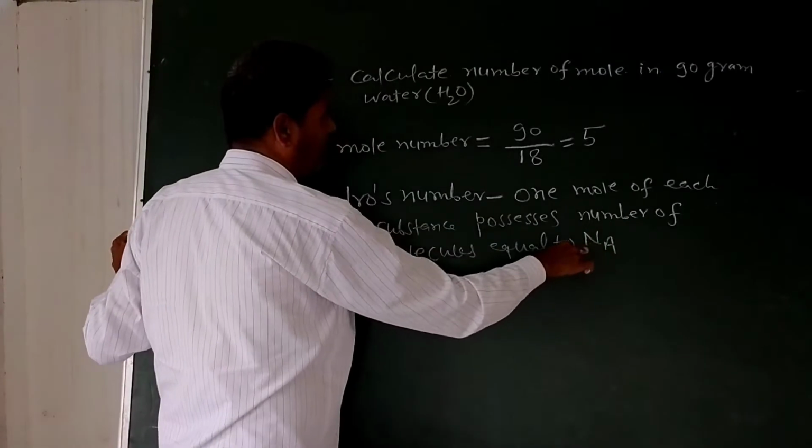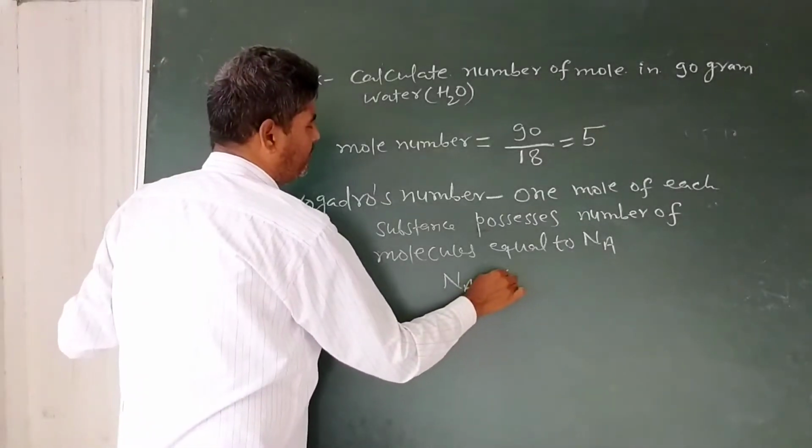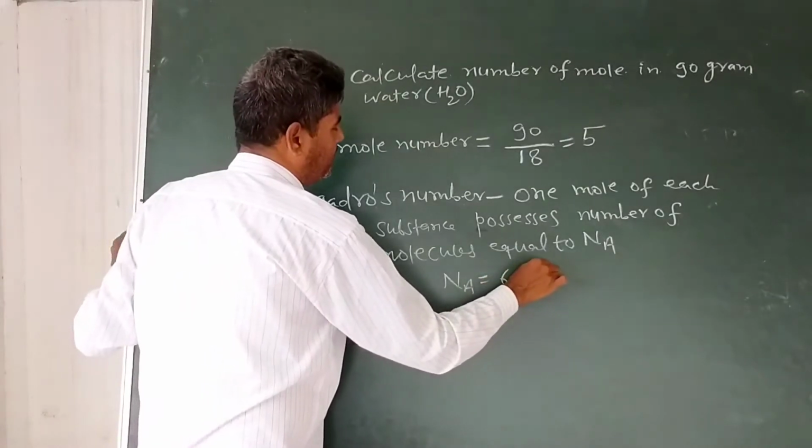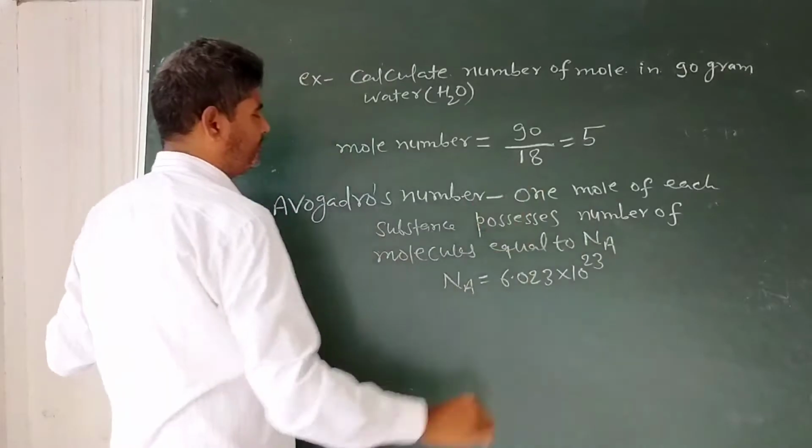Here N means number, A means Avogadro. NA is equal to 6.023 into 10 power 23.